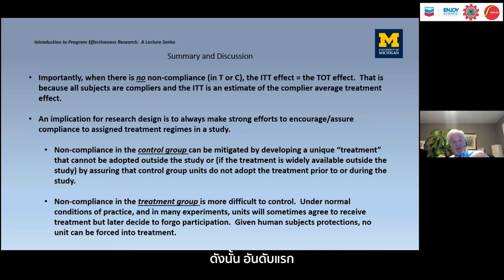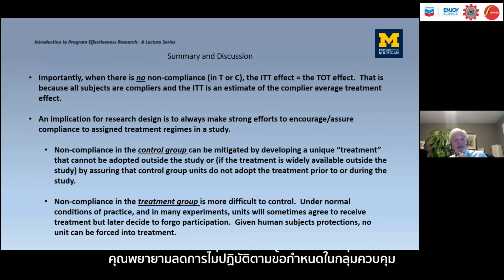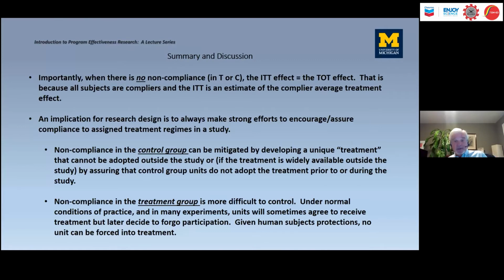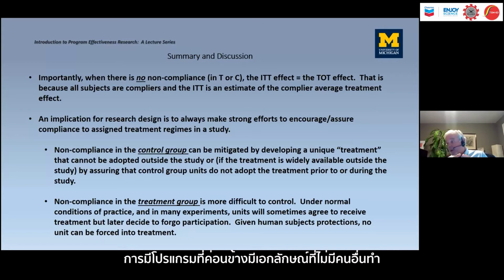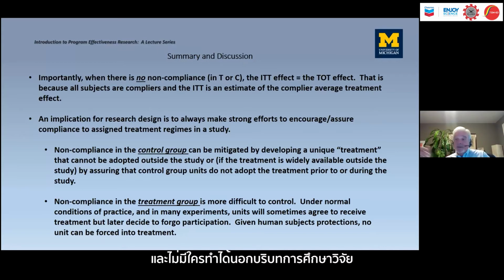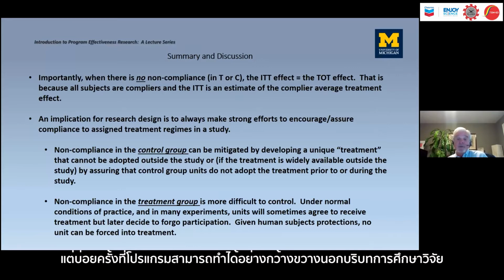First, you try to mitigate non-compliance in the control group. You don't want people in the control group taking up treatment. One way you can do that is to have a fairly unique treatment that nobody else is doing, and nobody could take it up outside the study context, but often treatments are widely available outside the study.